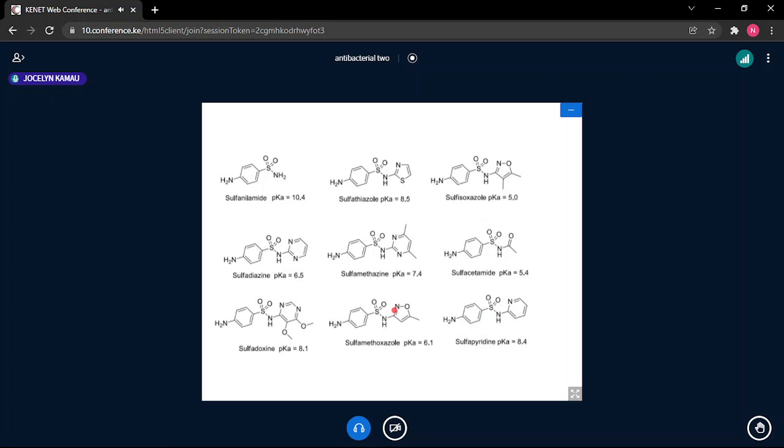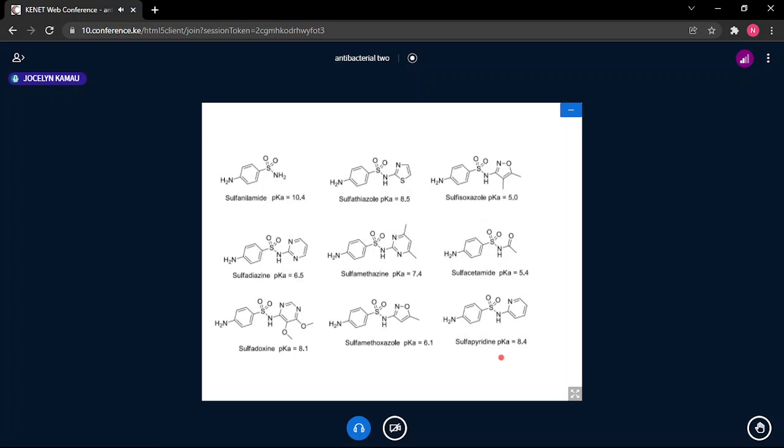And in this order, if it's oxygen which came first, as in sulfisoxazole, then the pKa would be quite low. But because it's the nitrogen that's attaching first, and then you also have one methyl, the methyl increases the pKa, but because nitrogen and oxygen are more electronegative than sulfur, this drug will have a much lower pKa than sulfathiazole.